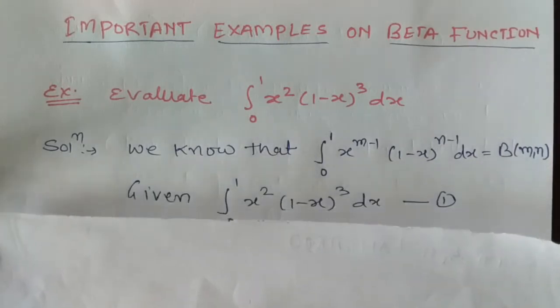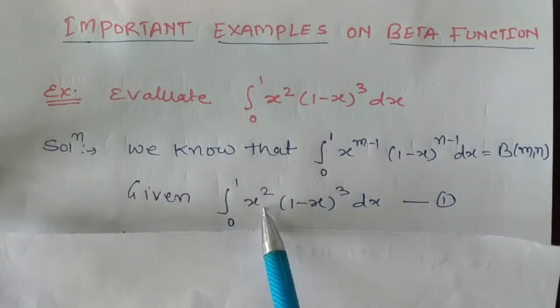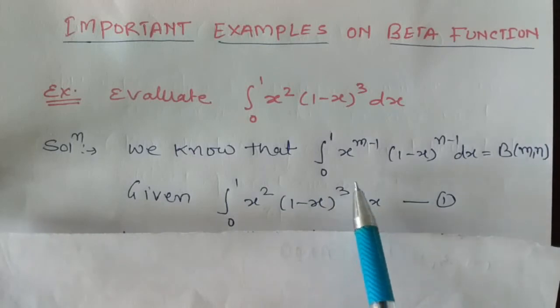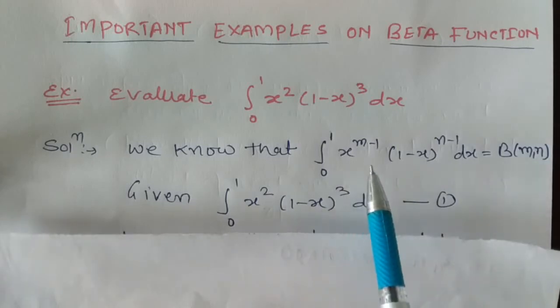Now the given integral is from 0 to 1 of x squared into (1 minus x) whole cubed dx. We express this given integral in the form of a beta integral.